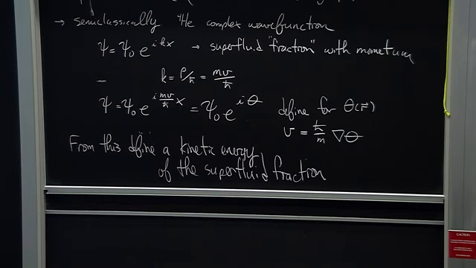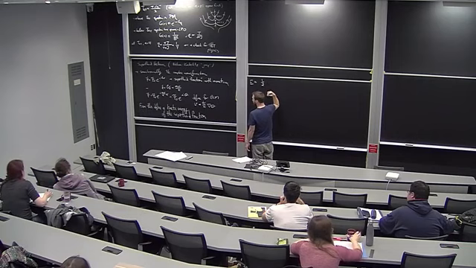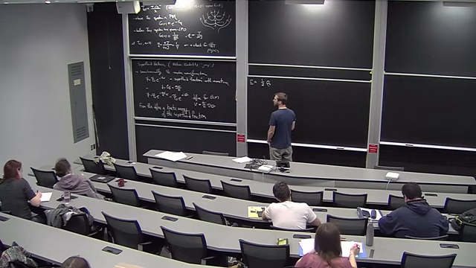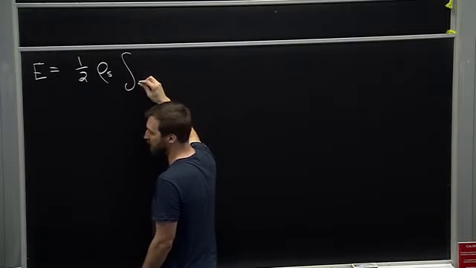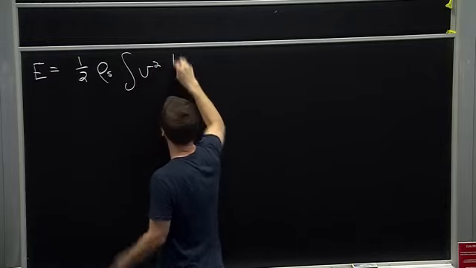So I'm going to define, so it's 1/2, I'm going to define a mass density, rho s, and then an integral, right? And so remember, okay, so it's v, so I need an integral of v squared, and then over the two-dimensional area.